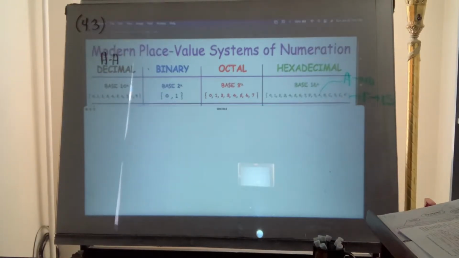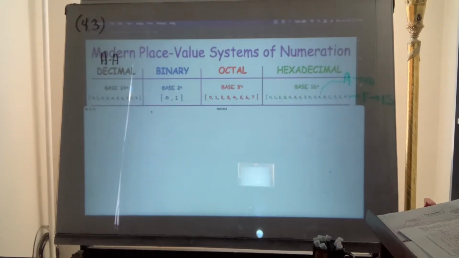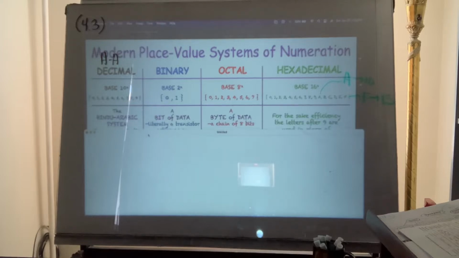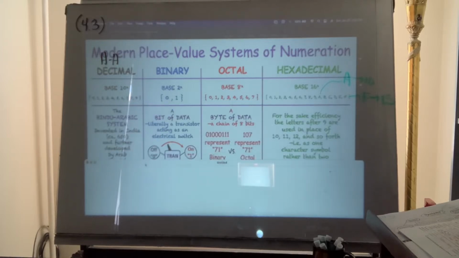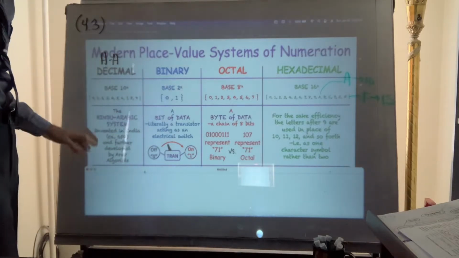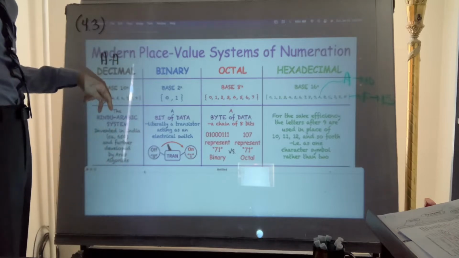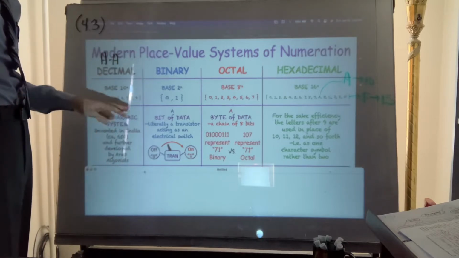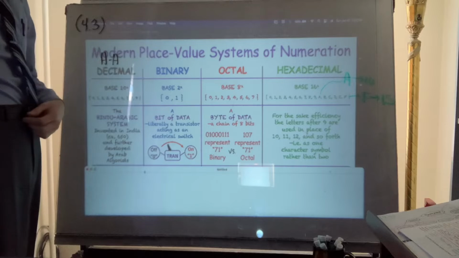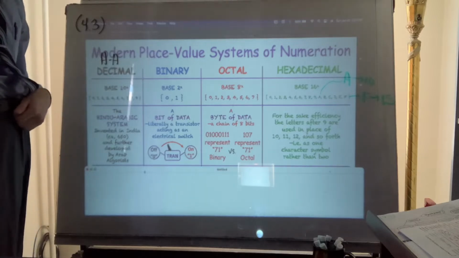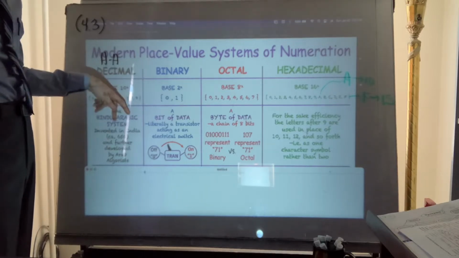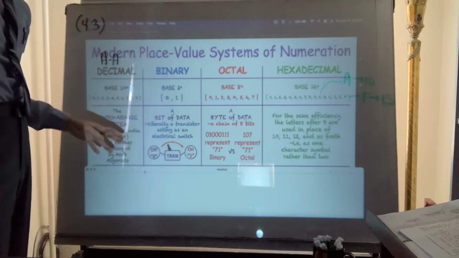So moving on up here, or down, let's consider these things. Now, the Hindu-Arabic system, a fun fact about them is that they were invented in India. That's why the term Hindu. Why Arabic? Because the Far East and Near East, via trade, communicated with one another.